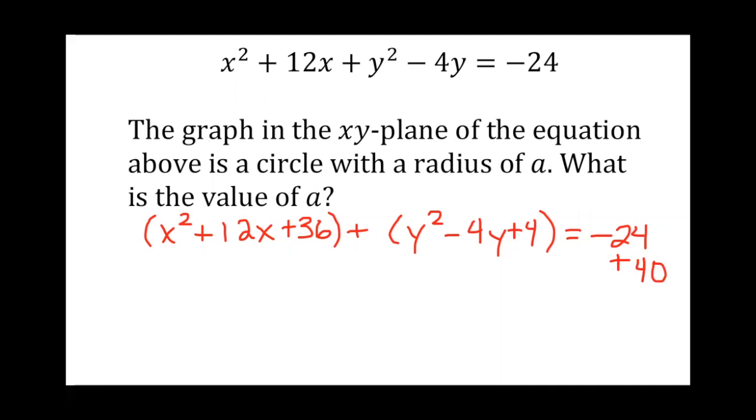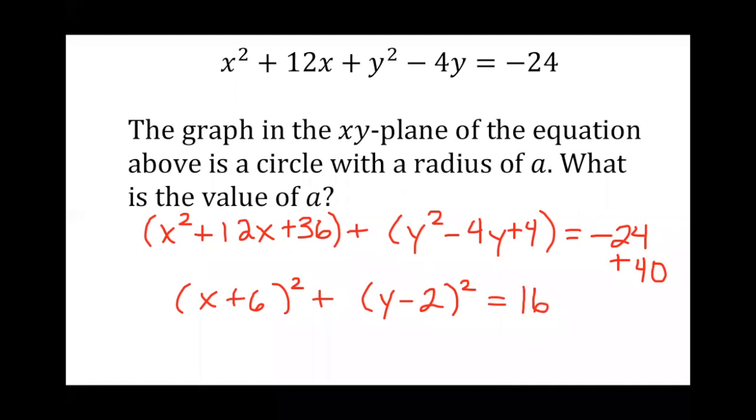And then we factor, we group things together, and we get x plus 6 squared. We get y minus 2 squared. And -24 and 40 will make 16. And now we can see the center is at -6, 2. Because the thing with the x always gives us the x coordinate of the center.